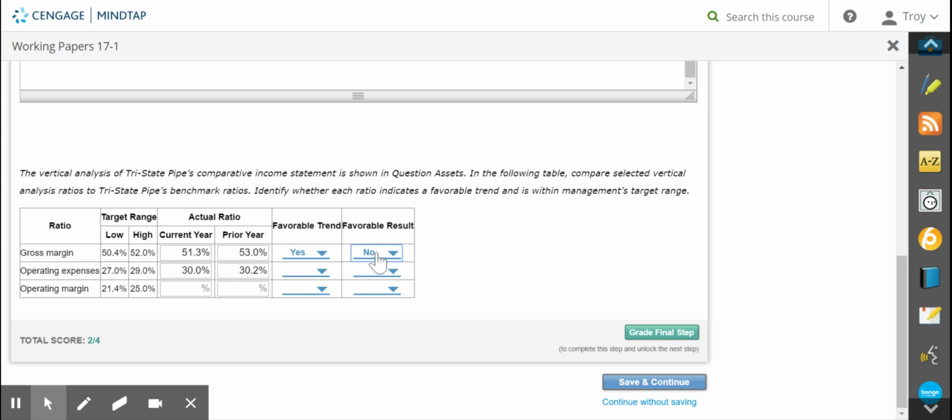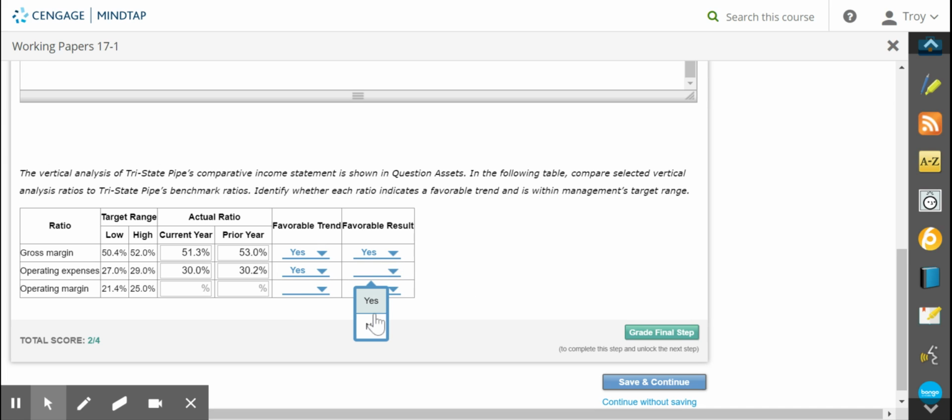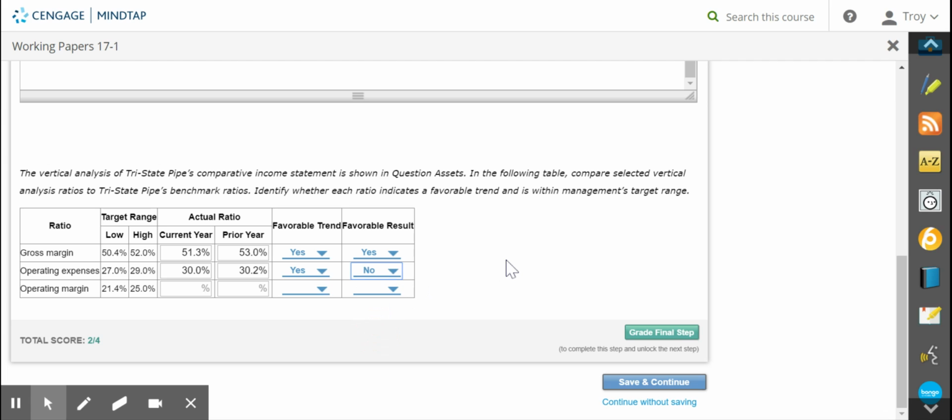Oh, actually, sorry. That's yes, because it's doing more than that. Sorry, my bad. So here, you're not in the range, but you are lower or closer to the range than last year. So it's a favorable trend. You're trending upward. And the previous year then is no, because you're out of it and you don't have anything to compare it to. So yes.